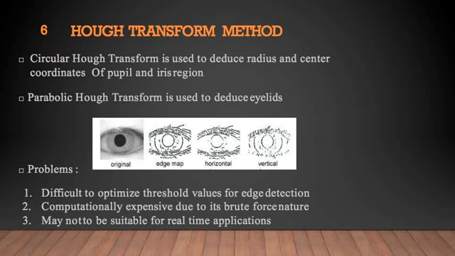We find the radius and centers using the equation x square plus y square minus r square equal to 0. Now, the problem with the Hough transform method is that it is difficult to optimize the threshold value for edge detection, and computationally it is expensive due to brute force, and it may not be suitable for real-time applications. But in our project, this will do.